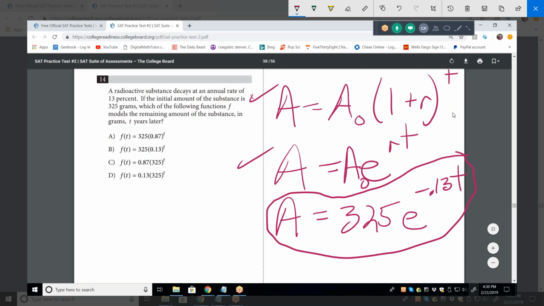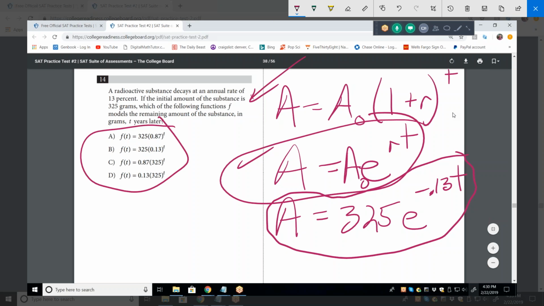The problem they gave you presumes that you haven't been taught that yet. So the problem really is based on this formula, because I don't see any e's over here.